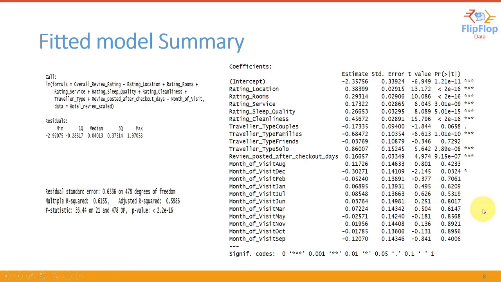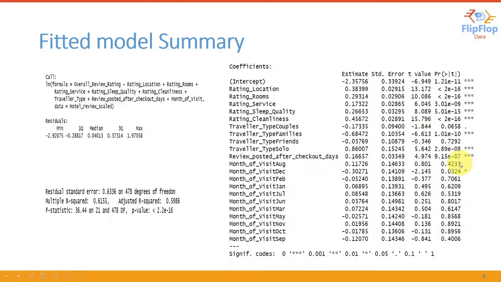Then moving on to the next. Do variables like review posted after checkout days and month of visit affect the results? So again, observing very closely, we find that review posted after checkout days is significant and it is positively associated with overall review rating.